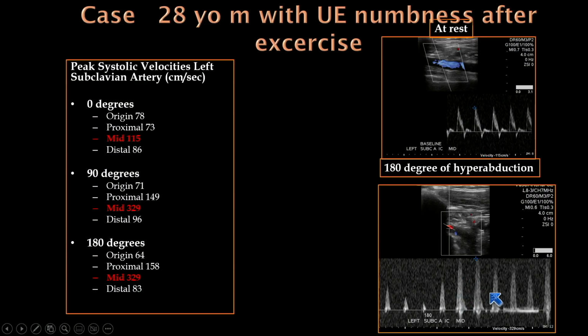However, when we're looking at the left side, so this is at the baseline, and this is with 180 abduction, we have very high velocities, going up to, I believe, 329 centimeters per second. And you can also see it on this chart how in the mid portion of the subclavian artery, it was a dramatic change.